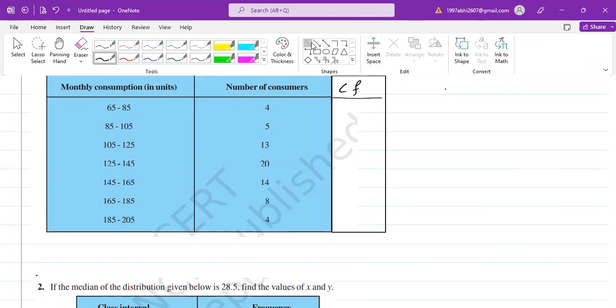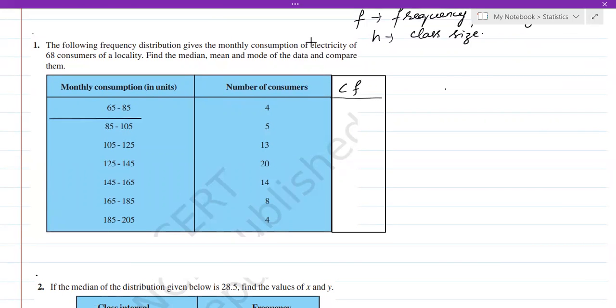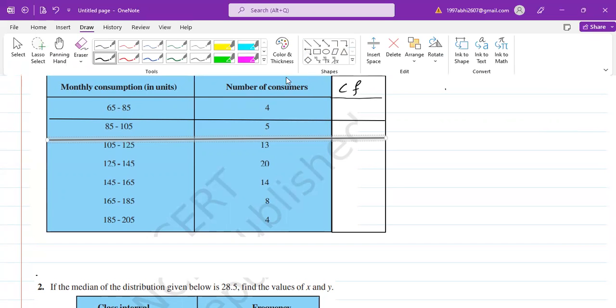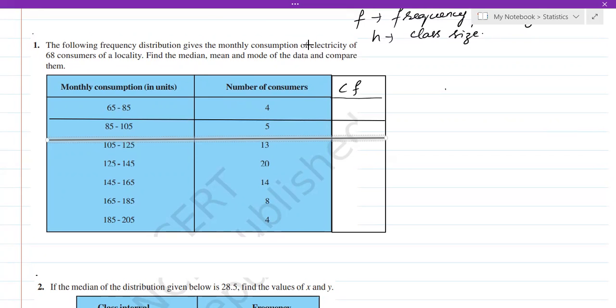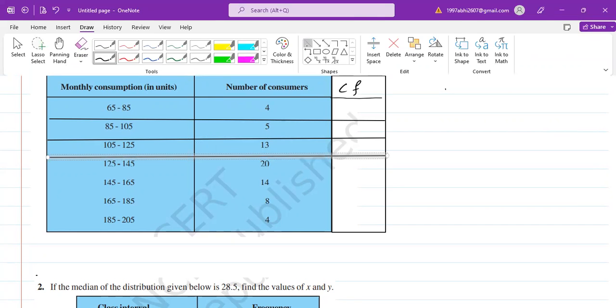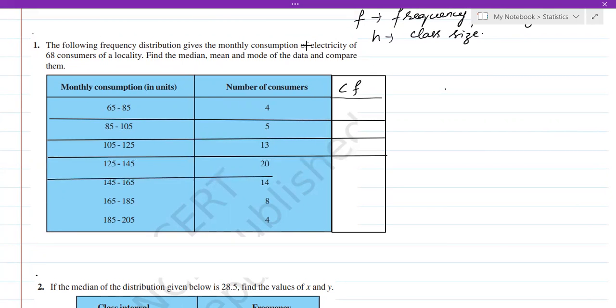Let's draw the lines also so that we won't get confused. In the exam, actually, you must redraw this table. I'm just solving here itself to save time. But in exam, you're supposed to redraw this table again.